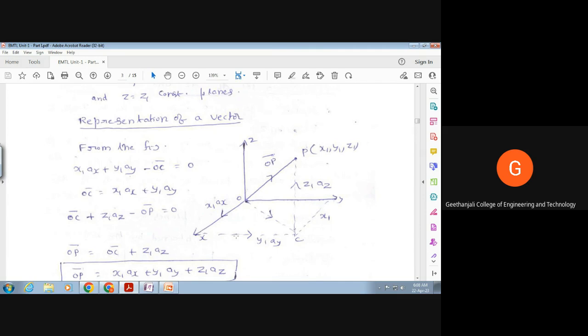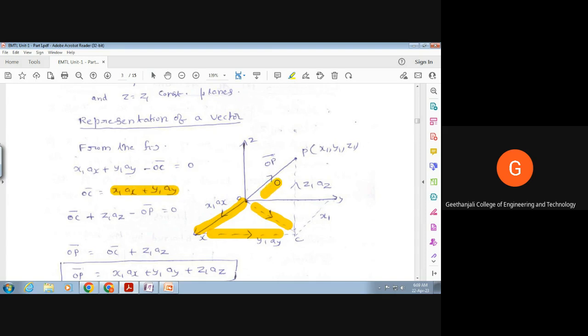Similarly, this vector becomes y1 ay, and this is vector OC. So x1 ax plus y1 ay minus OC is equal to 0. So OC is equal to x1 ax plus y1 ay.